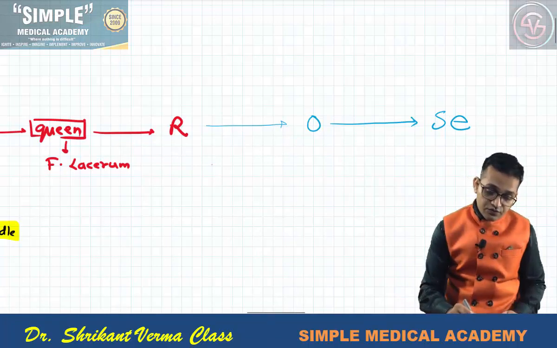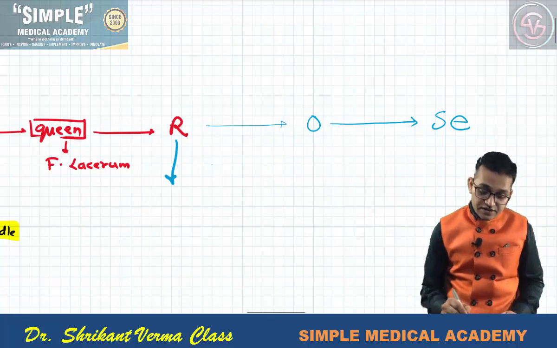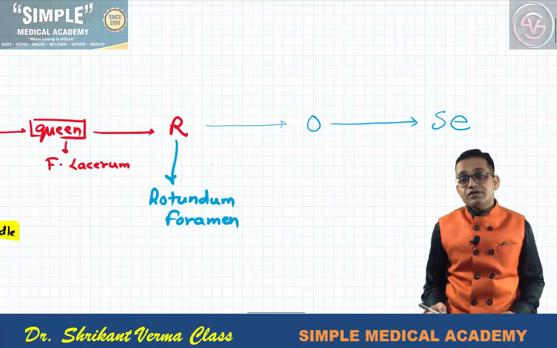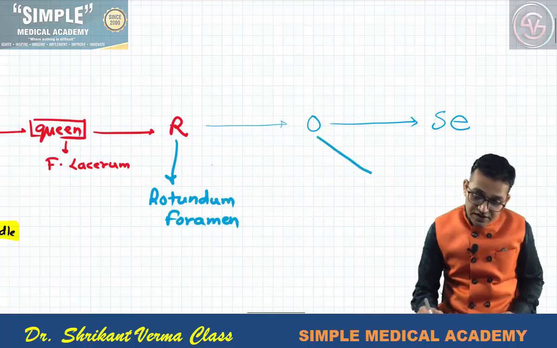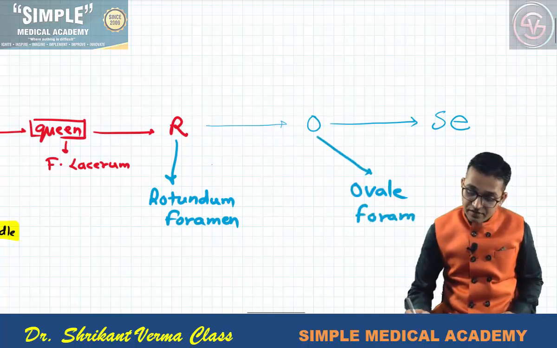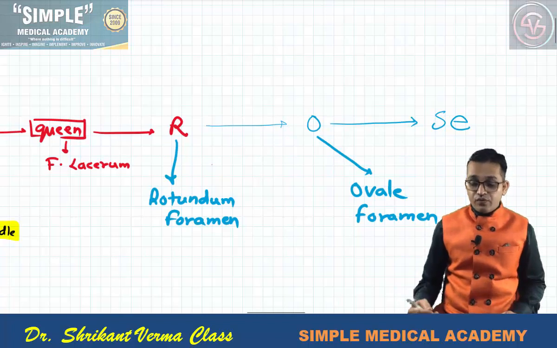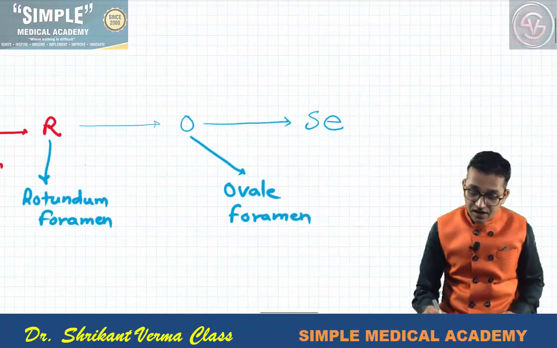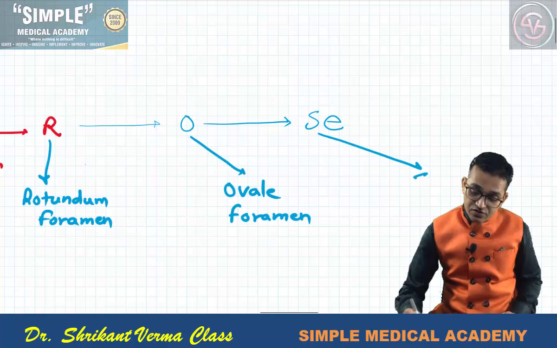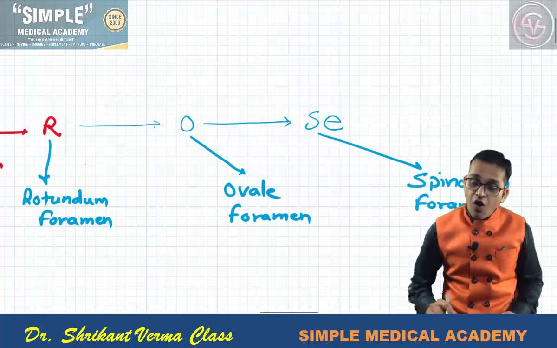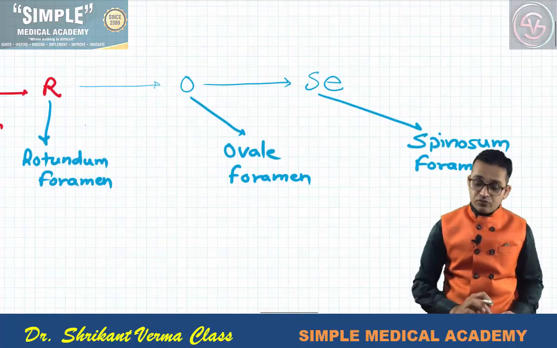So what are these various foramina? Foramen R is indicating the rotundum foramen, or we can say foramen rotundum. O is indicating the oval foramen, or we can say foramen ovale, and this S foramen is indicating the spinosum foramen, or we can say foramen spinosum.